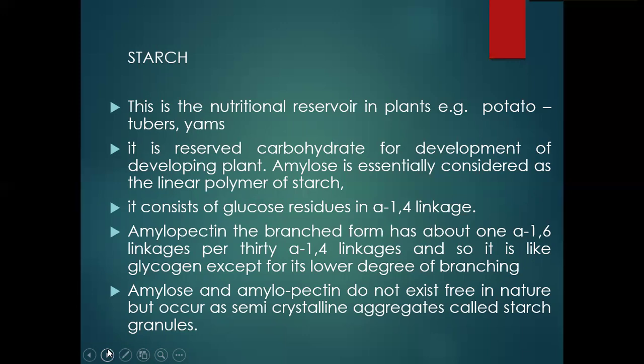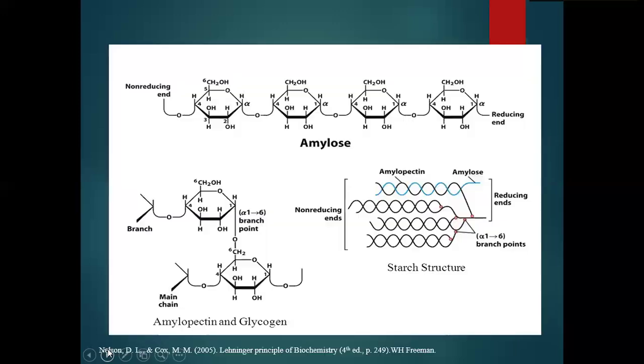Amylopectin is a branched form of starch and has about 1 alpha 1,6 linkage per 30 alpha 1,4 linkages. So it is like glycogen, except that it has a lower degree of branching. Amylose and amylopectin do not exist free in nature, but they occur as crystalline aggregates called starch granules.